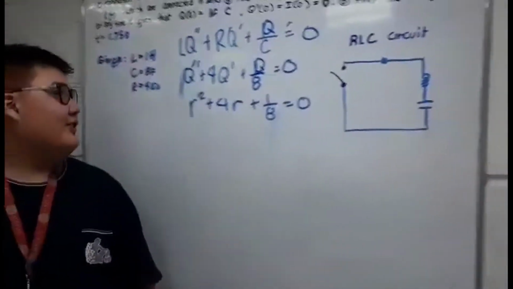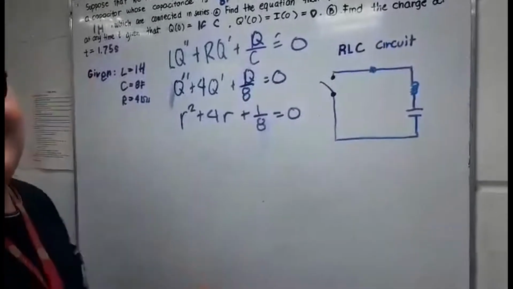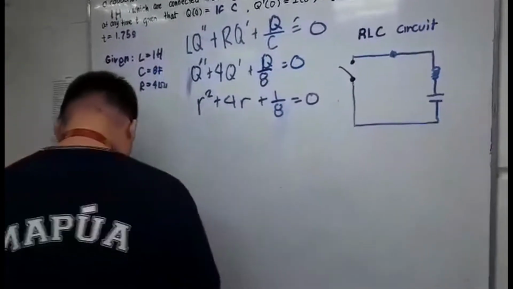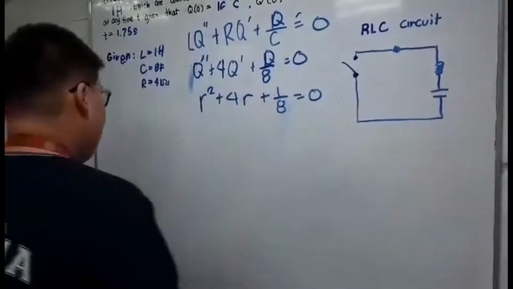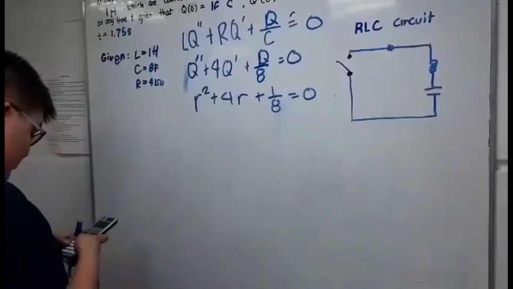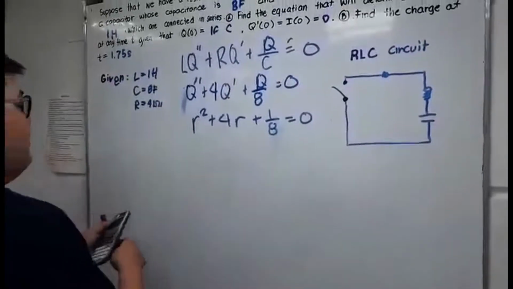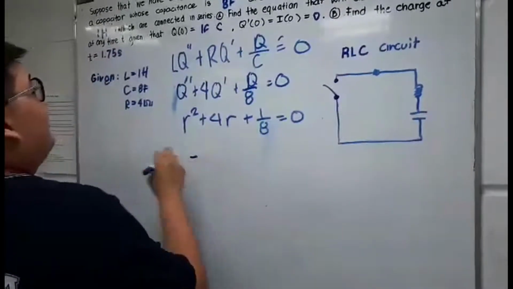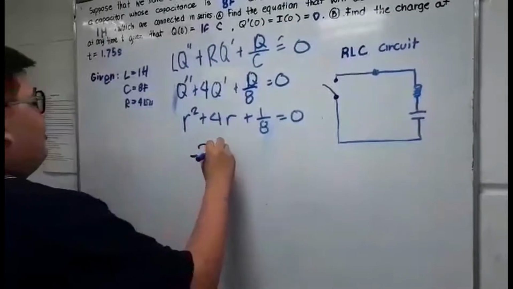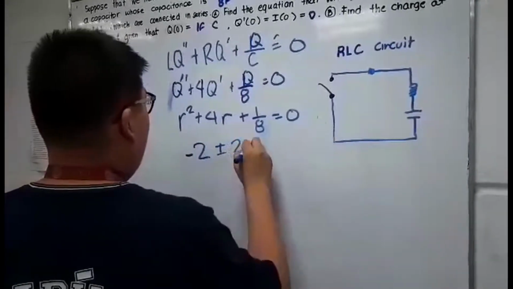From here, we're going to use the calculator. So, the roots are negative 2 plus and minus 2i.